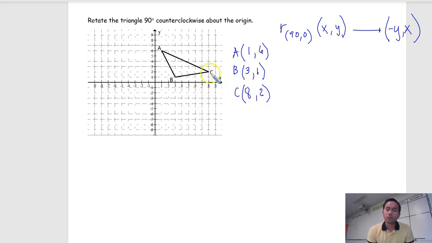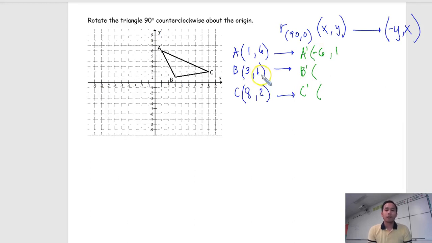Is that right? 1, 2, right. 8, 2. So we apply the rule so that we will have an A prime, B prime, and then C prime. So switch 6, 1, your y here will become your new x, so that is 6, and then your x will become your new y, and get the opposite of 6, that is negative.